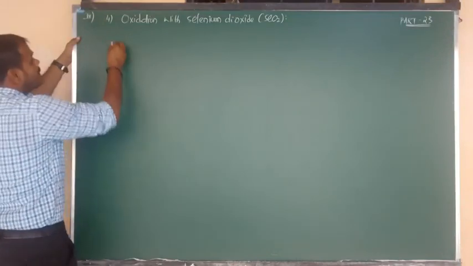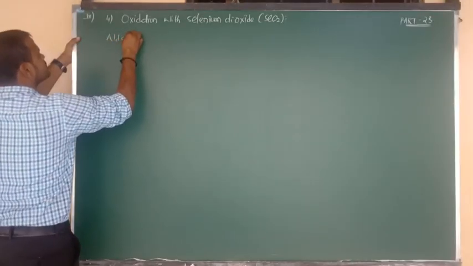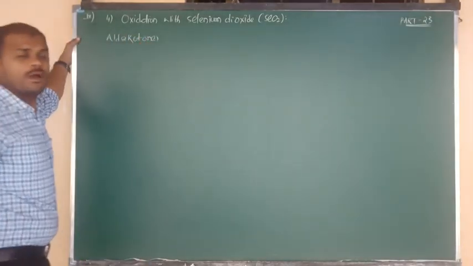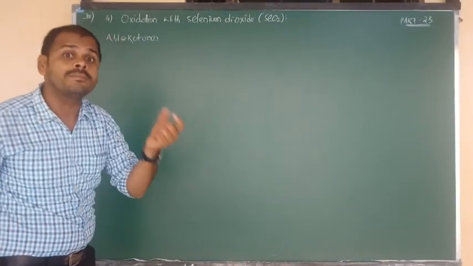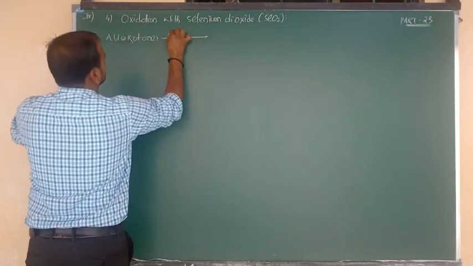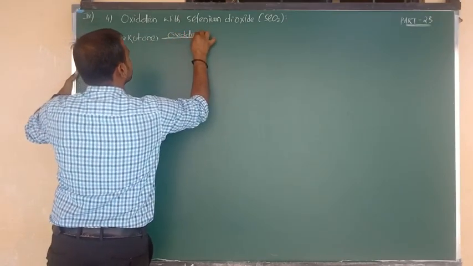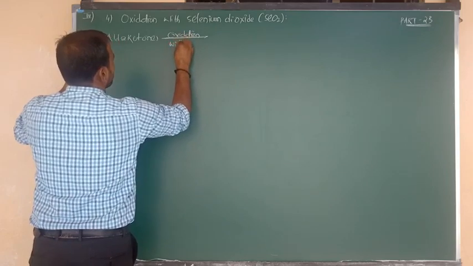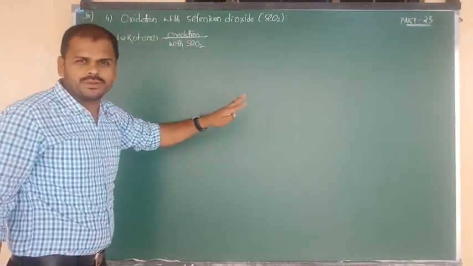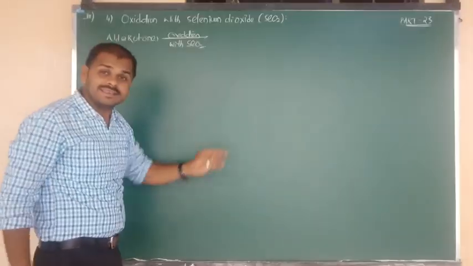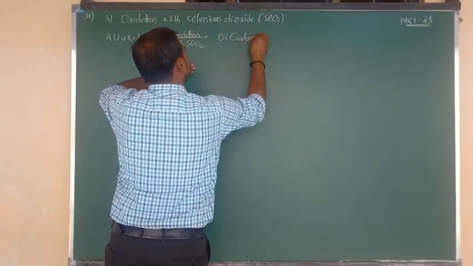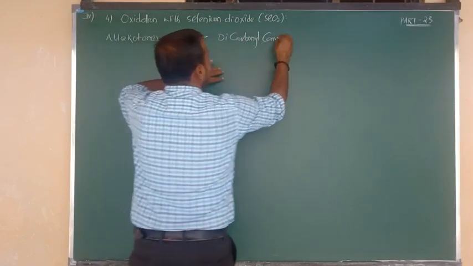Aldehydes and ketones, upon oxidation with selenium dioxide, are oxidized into products known as dicarbonyl compounds.